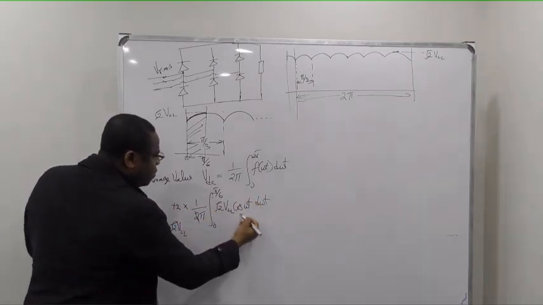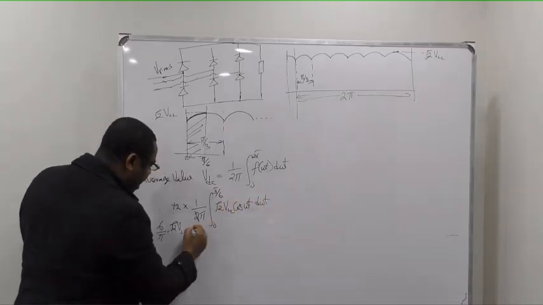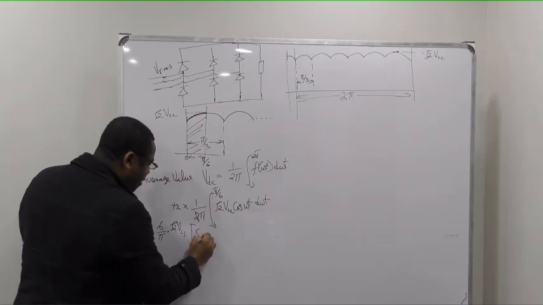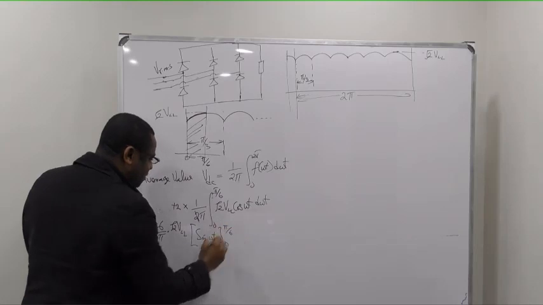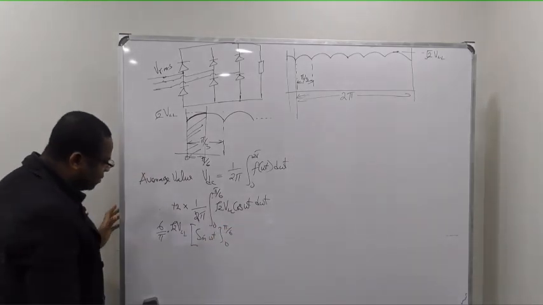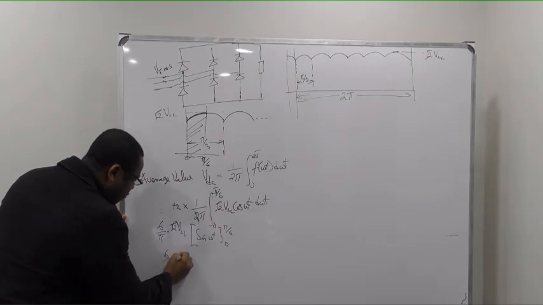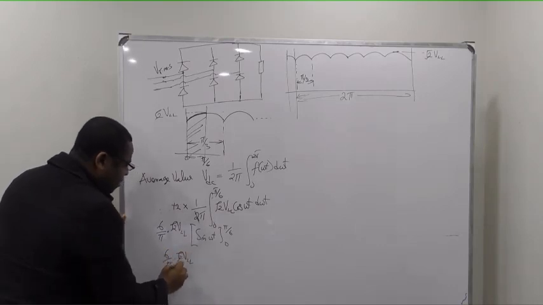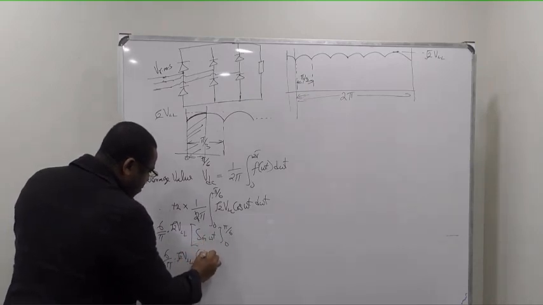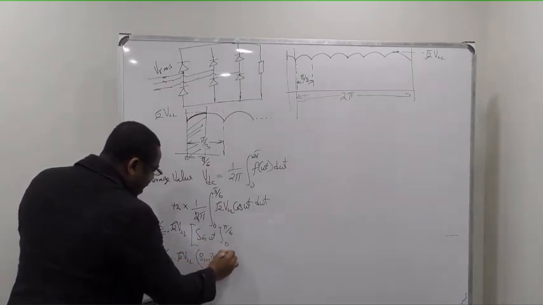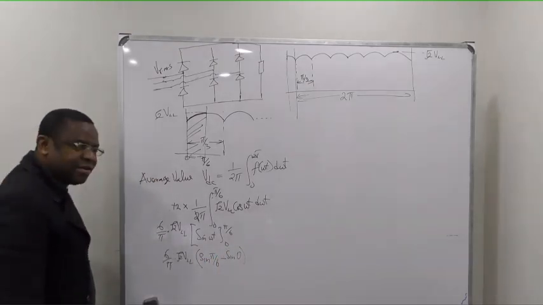Now when you integrate cosine, you get sine. So I'll have sine omega t from 0 to pi/6, so that you have 6/pi times √2 VLL, times sine pi/6 minus sine 0. Did you get that?